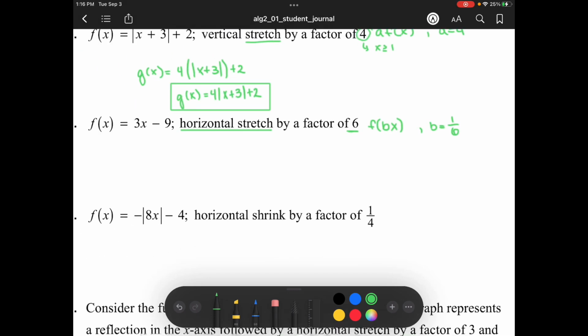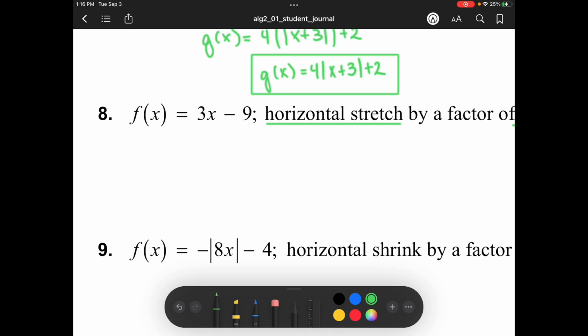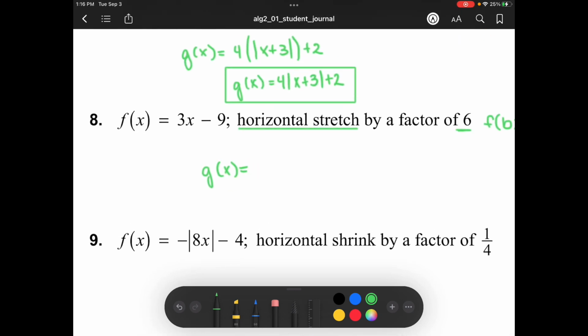So we're just going to choose the fraction version of 6. So that's going to look like g of x equals, and I'm only going to apply that to my x's, so 3 times 1/6 x minus 9, right? 3 over 6 simplifies to be 1/2. You could also think of it as 3 divides 6 two times. So this would become g of x equals 1/2 x minus 9.